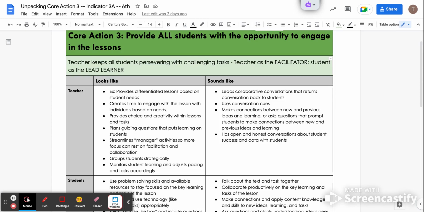It also gives you pointers on how to support all students. And it has a section called Down the Road, which tells you how this lesson will be built upon in future units and lessons as well. So it's really helpful to take a look at this document.